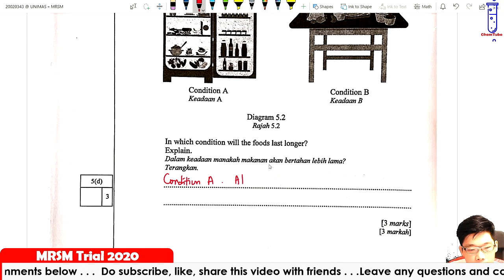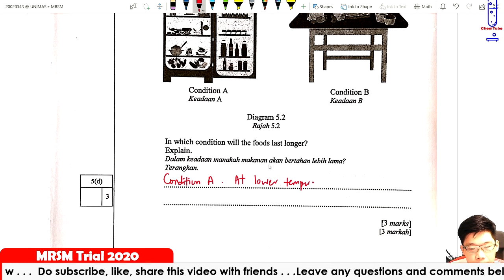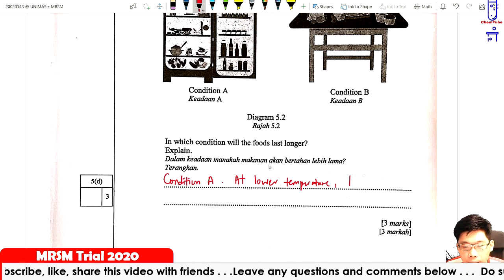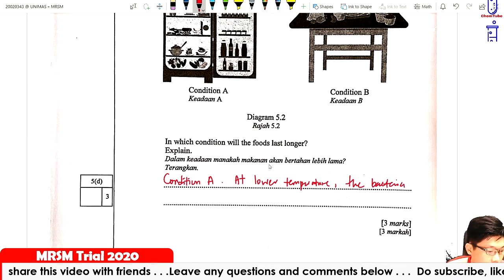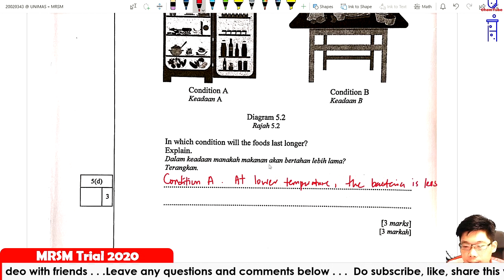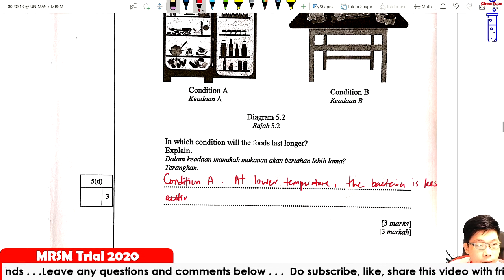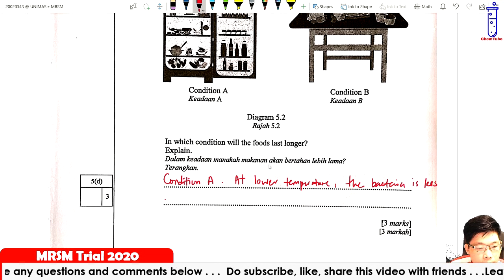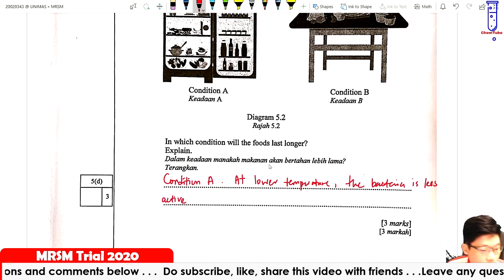Because at lower temperature, the bacteria is less active compared to the room condition.